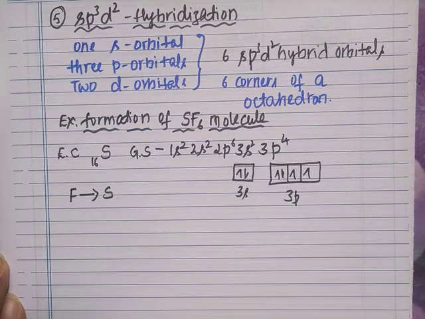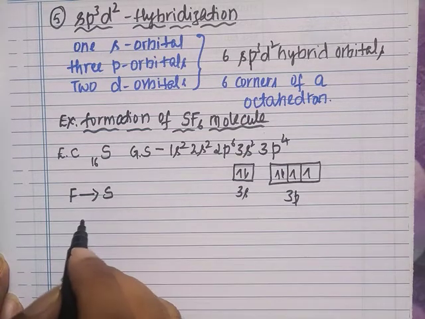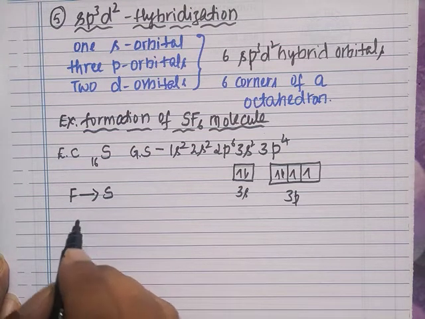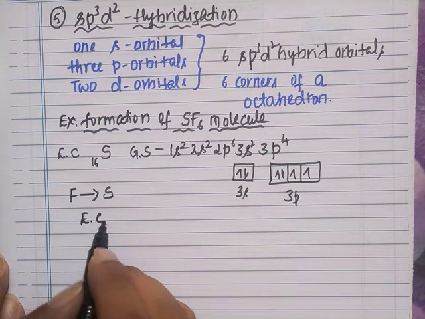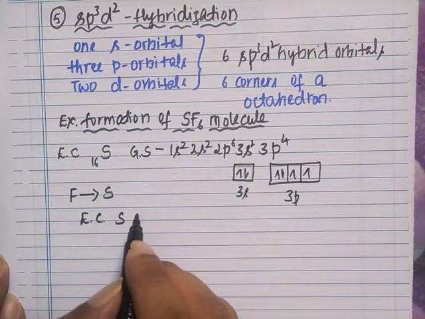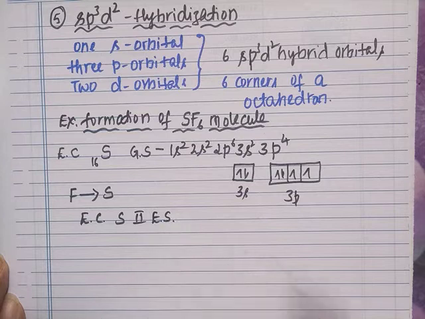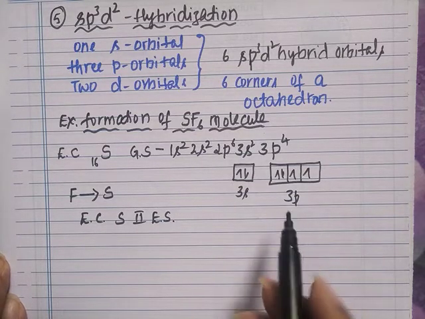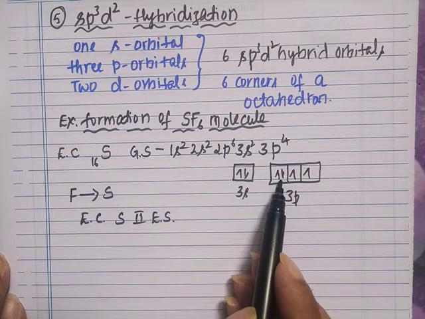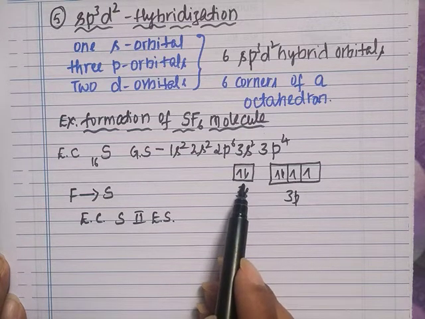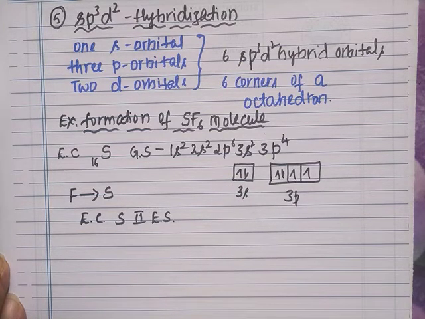So therefore the electronic configuration of sulfur in its second excited state. In the first excited state, the 3p electron gets promoted into the vacant d orbital. In the second excited state, the electron from the 3s orbital will get promoted into the d orbital.